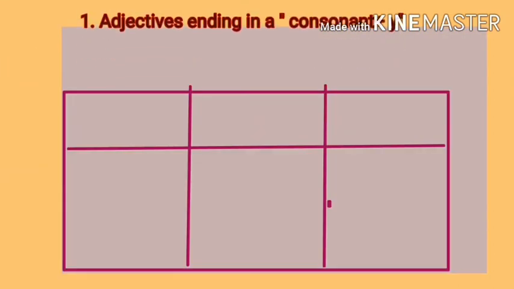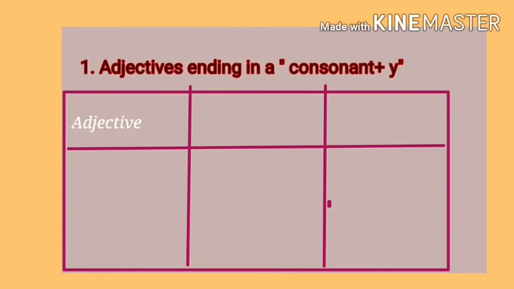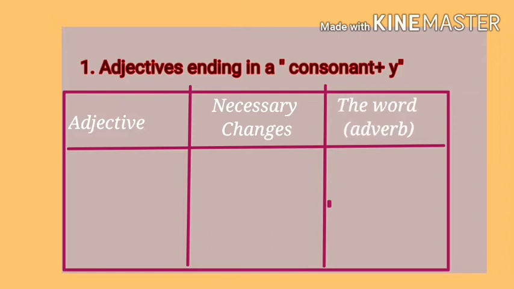The first way is about adjectives ending in a consonant plus y. So, as you can see here, adjectives like easy and lucky are adjectives where the Y is preceded with a consonant.